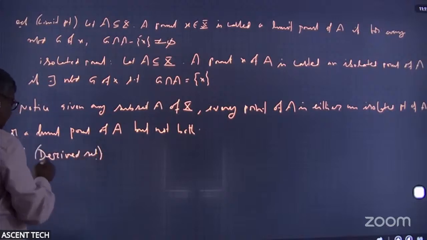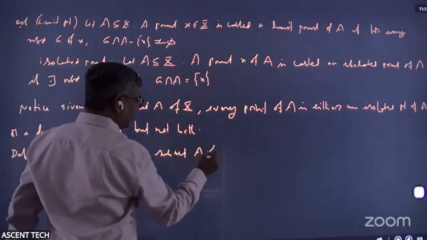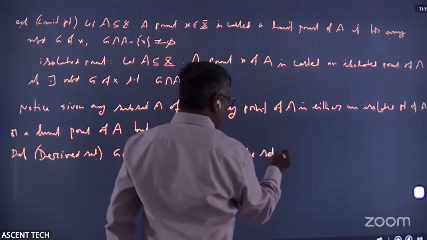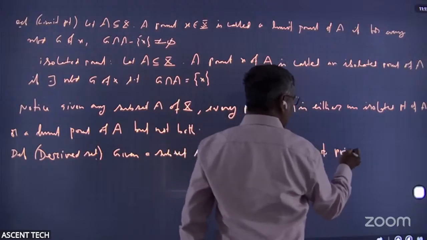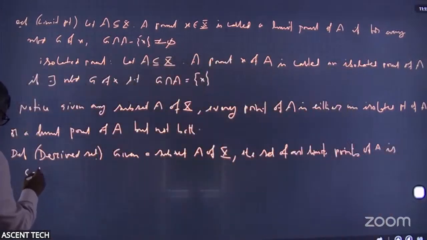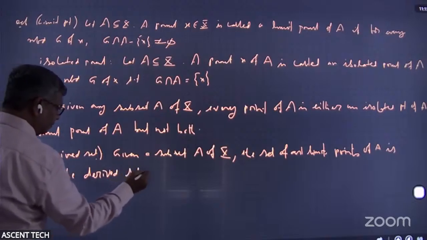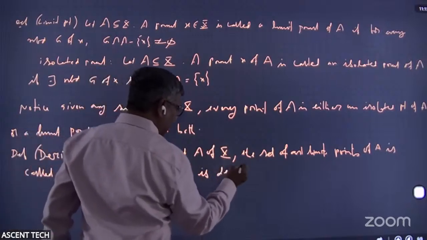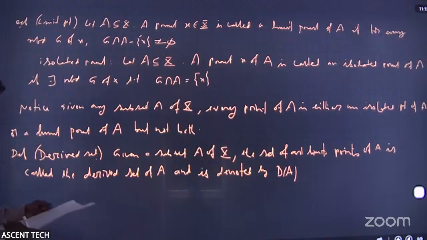Given a subset A of X, the set of all limit points of A is called the derived set of A, and is denoted by dA. So that is what a derived set of A is.